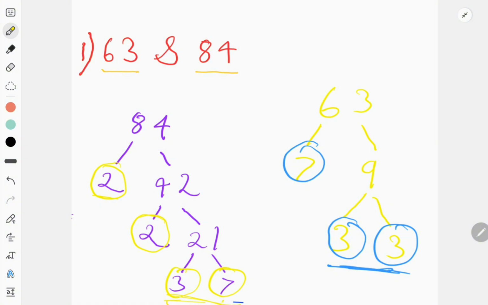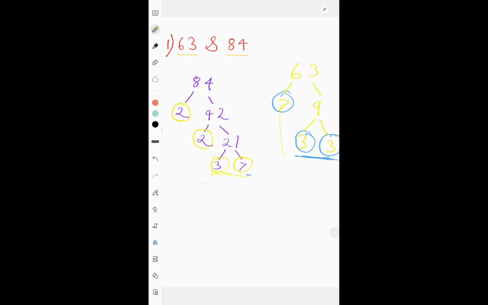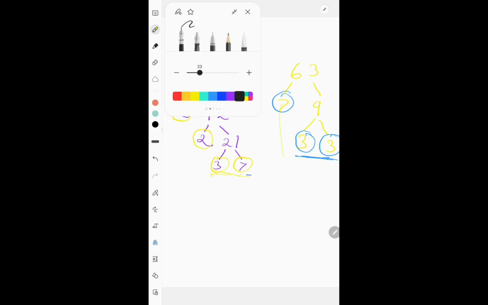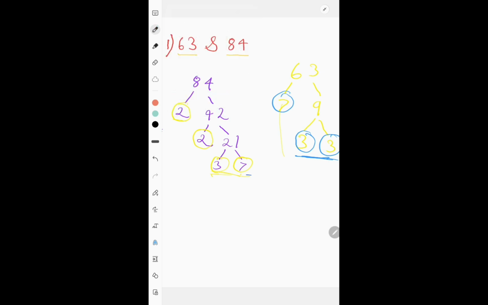Now that we have the prime factorization of both of those numbers, we need to find common prime factors. So prime factors that they share. Now I'm going to list the prime factors of each to make it easier to find the ones they have in common.